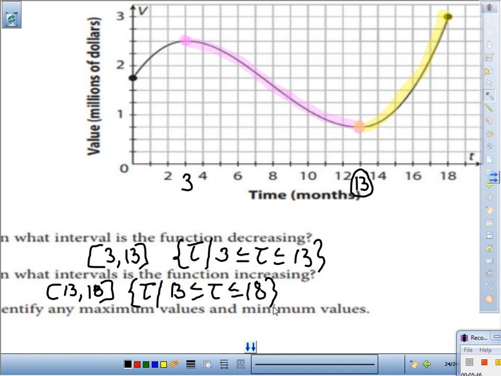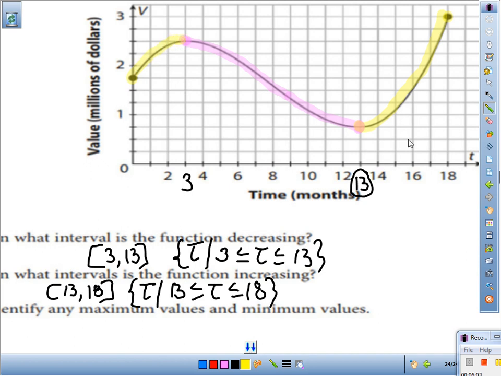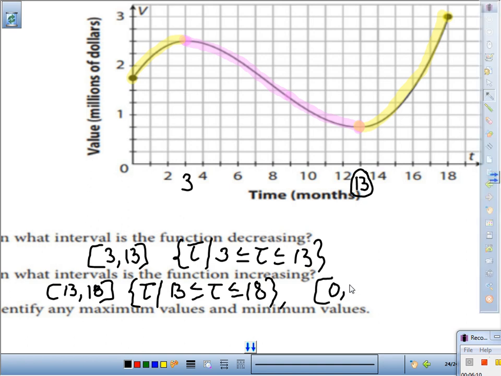Okay. Next section. Who can give me the other section? How about Cindy? The second section that increases. 0 to 3. Hands if you see that part. Yes? All right. And how do you write that in interval notation? Okay. And set notation for that, Danica?